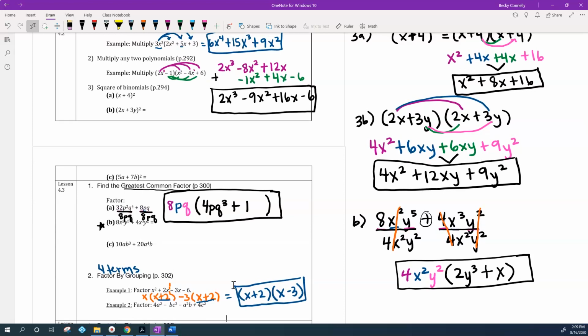If I split it down the middle like I did on the one above and look at my first 2 terms, I've got 4a squared and then negative bc squared. These don't have anything in common with each other. When that happens, it's better to switch some terms so you can find a greatest common factor. So that's what I need to do on that one, is switch those.